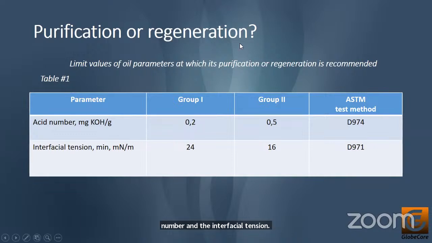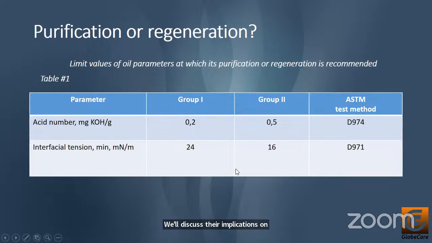Oils that belong to group number 1 must be recovered, and oils that belong to group number 2 must be regenerated. Therefore, we must find the minimum and maximum values in the oil in order to determine the processes. Knowing the neutralization number and interfacial tension is crucial. We'll discuss their implications on transformers.